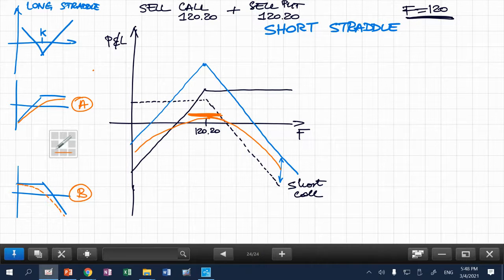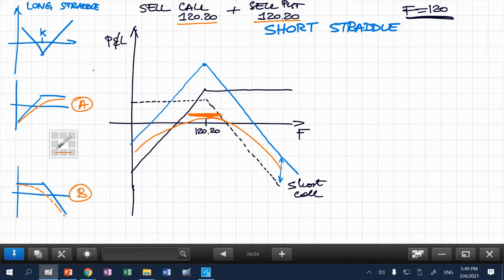Why must this function, which is the P&L, have a maximum at 120.20? For a very simple reason. Because the slope of the P&L there is the delta. Think about what happens if the future trades at 120.20. How would you classify the two options between in the money and out of the money?